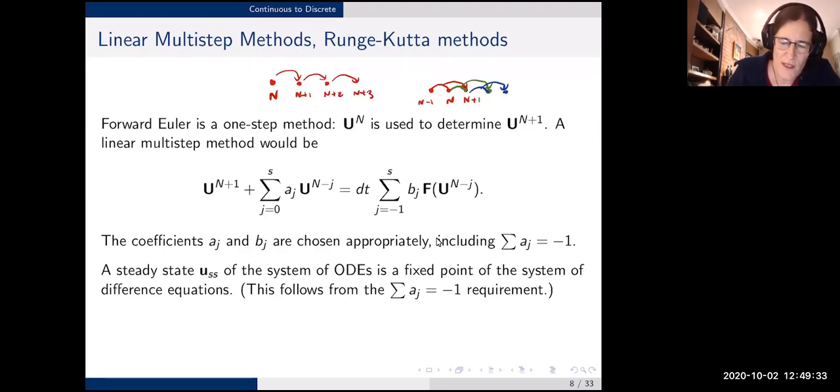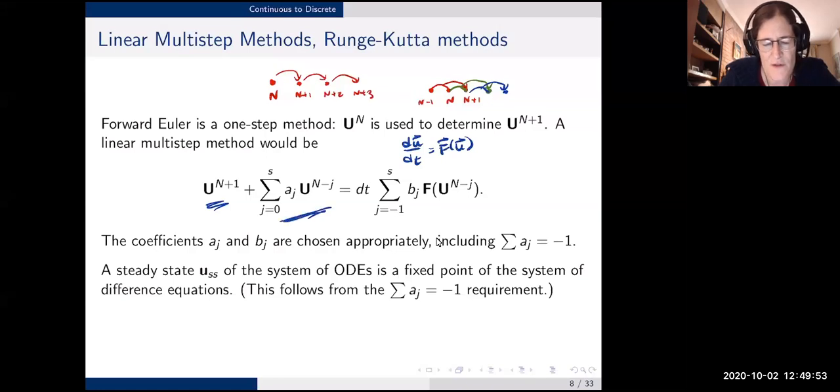So we're looking at the system du/dt equals f of u. And what a multi-step method does is the future value plus a linear combination of current and past values is equal to the time step size times a linear combination of the vector field at current, past, and sometimes future values, sometimes one step into the future.